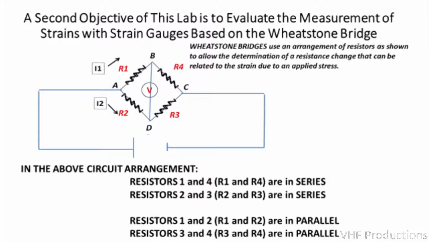As the resistance R1 changes, the scale of the output voltage will change. The output voltage is also a function of the input voltage, and it's a function of the difference in the resistivity of path ABC versus the path ADC. And this is how we employ a Wheatstone bridge to make measurements of strain.